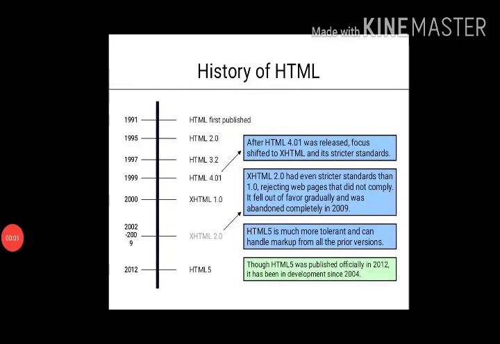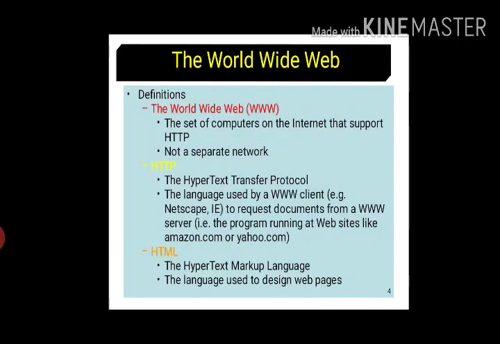The history consists of so many versions that arrived for HTML. The latest version is HTML5 in 2012, which is discussed in your syllabus. Then, what is the World Wide Web? All are familiar with www.